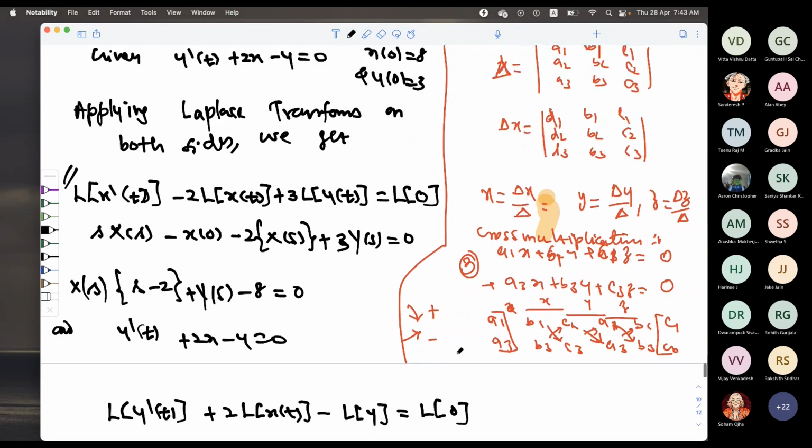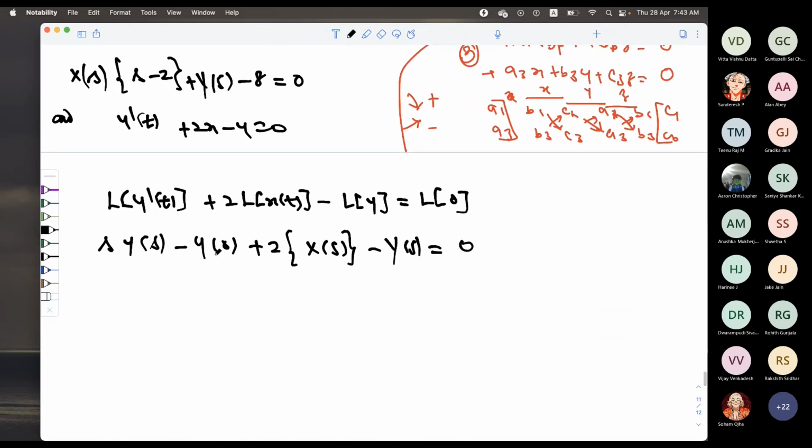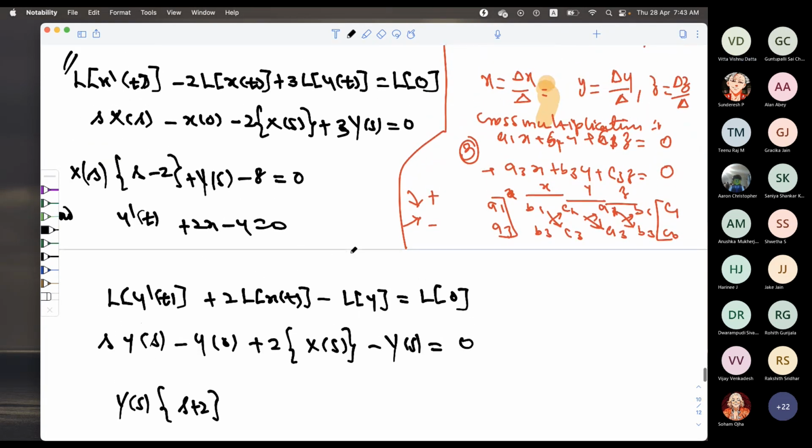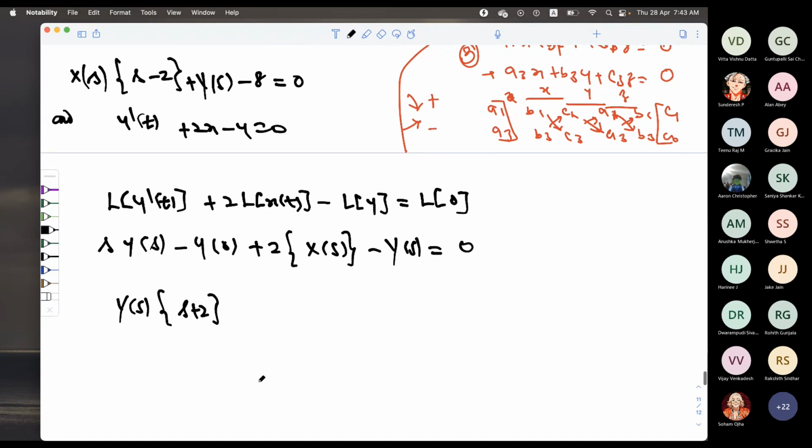Then y of 0 is 3, so here it is y of s times s minus 1, because this is y of s, minus 3 equals 0.